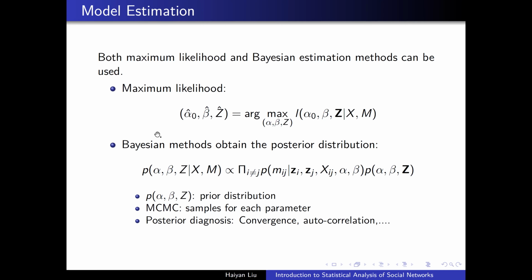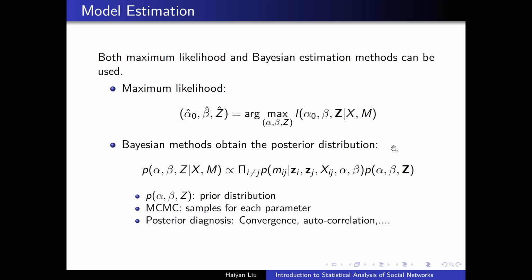The second type of approach is Bayesian. Different from maximum likelihood, which directly maximizes the log likelihood, Bayesian tries to obtain a posterior distribution of the model parameters. Conditional on the covariates and the network, we get a posterior distribution of model parameters. Based on Bayes theorem, the posterior distribution is proportional to the product of the likelihood and the prior.